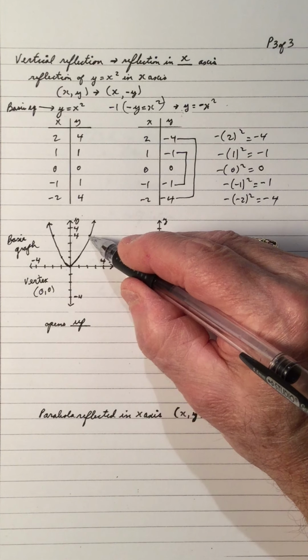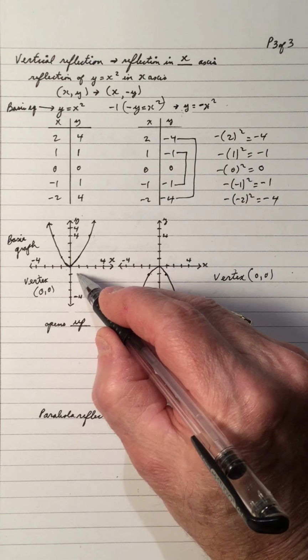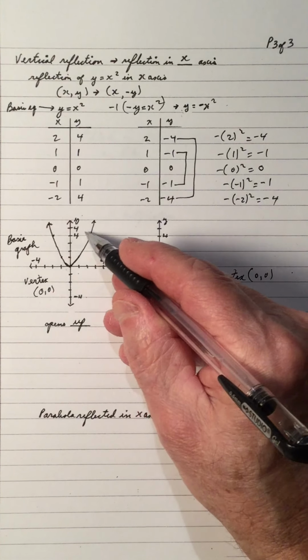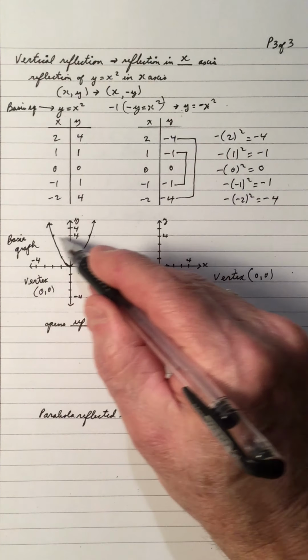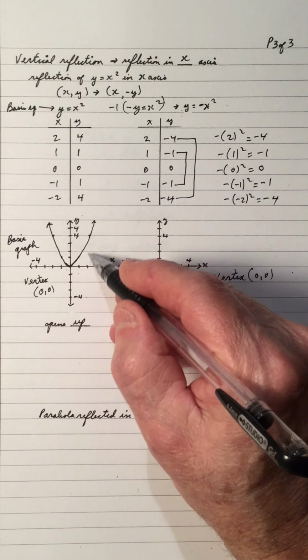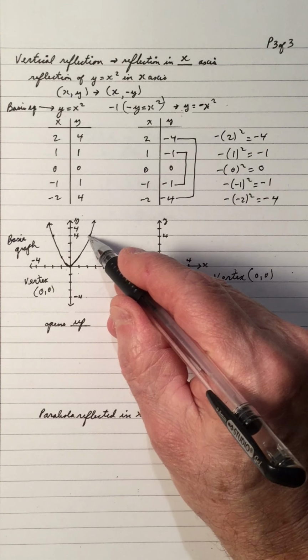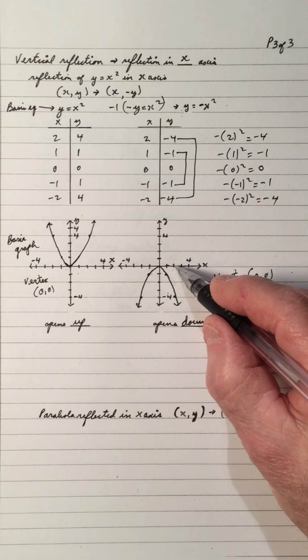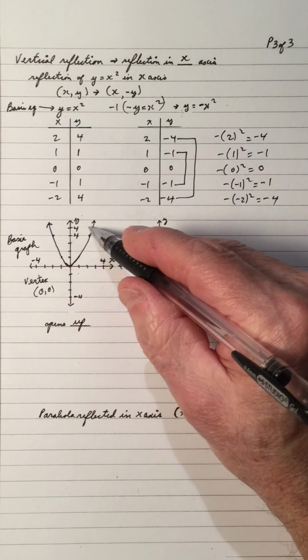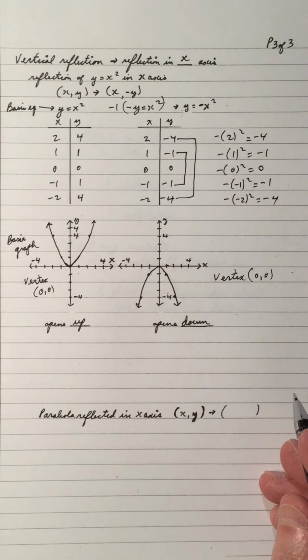It went from a 4 down to negative 4. It went from a 1 to negative 1. Notice the x values are not changing. So that's a 2, 4 and a 2, negative 4. Only the y values are changing when you reflect in the x-axis.